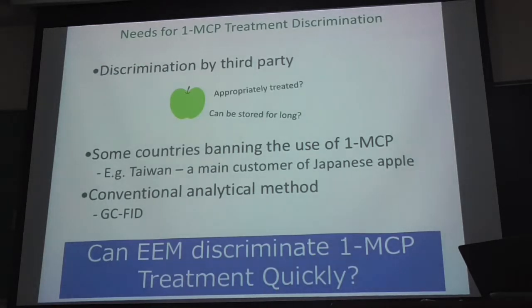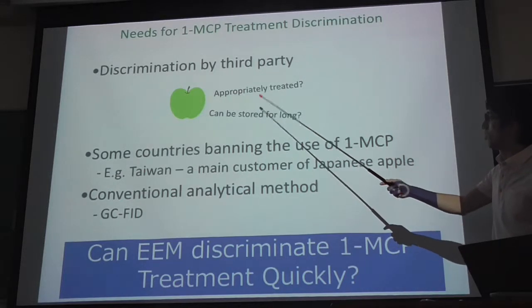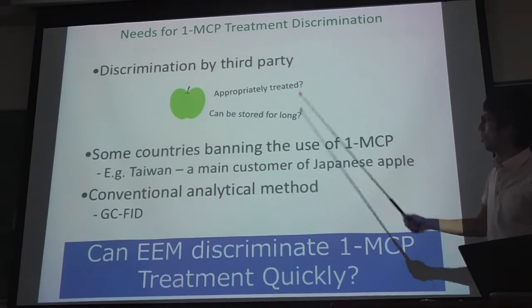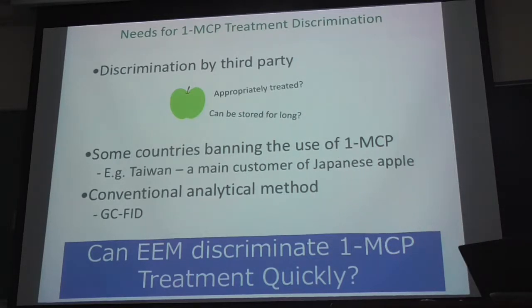And now there's a need for discrimination by a third party on the 1-MCP treatment, because they would like to know whether the fruit is properly treated or can be stored for long, and so on. Also, some countries, including Taiwan, ban the use of 1-MCP.